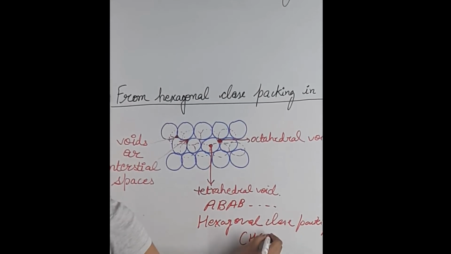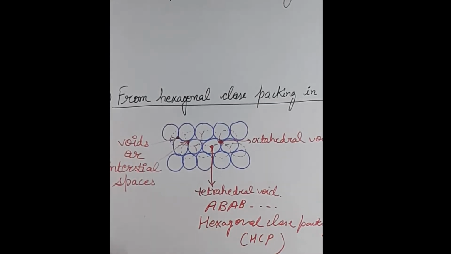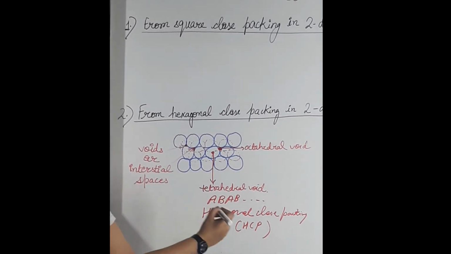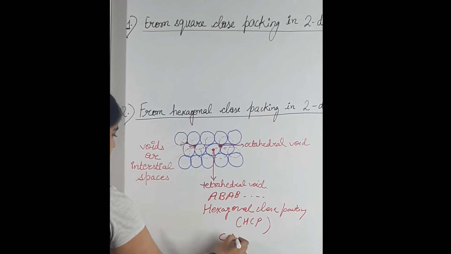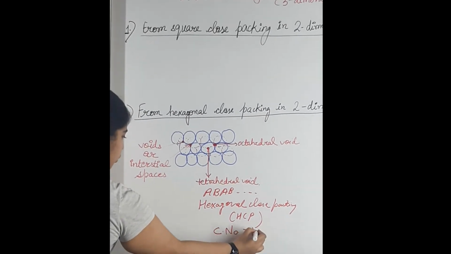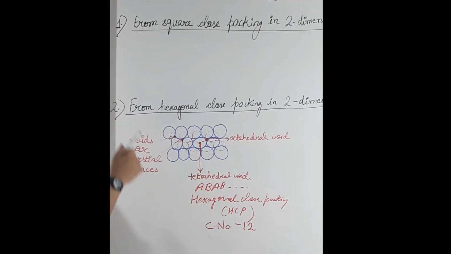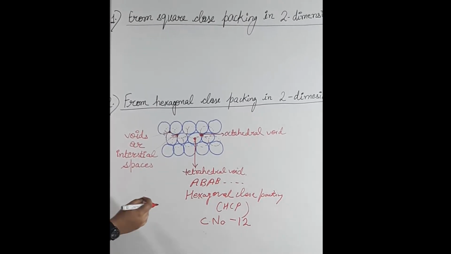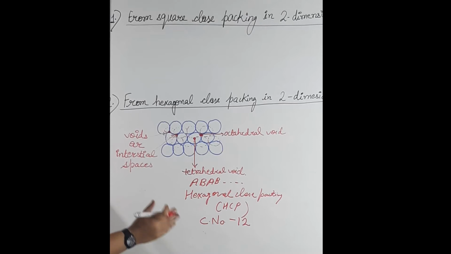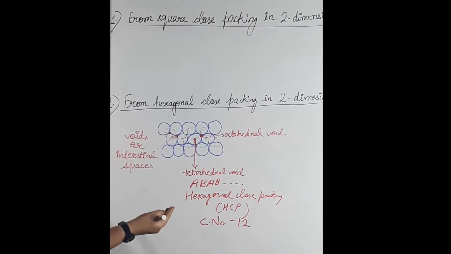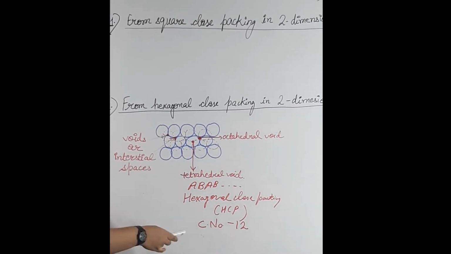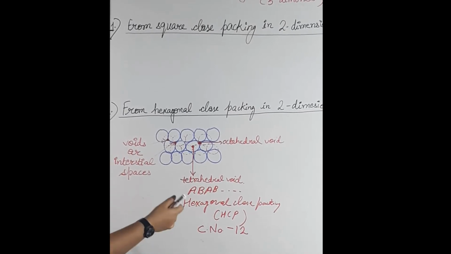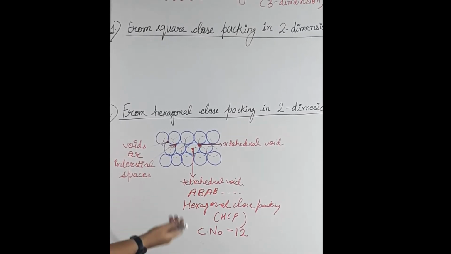Short form is HCP, in which the coordination number of a sphere is 12. Guys, this we will also note down in detail so that you may have the complete notes for your easy understanding. This type of arrangement is found in some metals such as molybdenum, magnesium or beryllium.